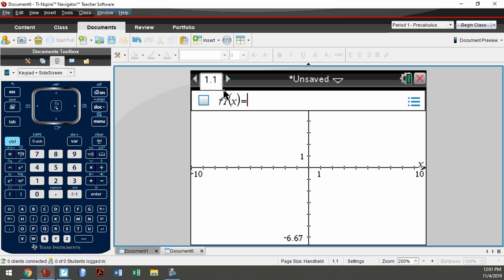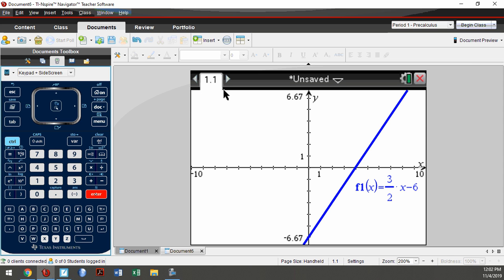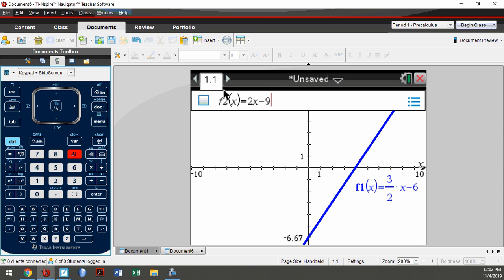So I'm going to type 3 division 2x minus 6, and hit enter. Hit tab. Tab allows you to pull up F2. And now we're going to type in our second equation, which was what? 2x minus 9. And hit enter.